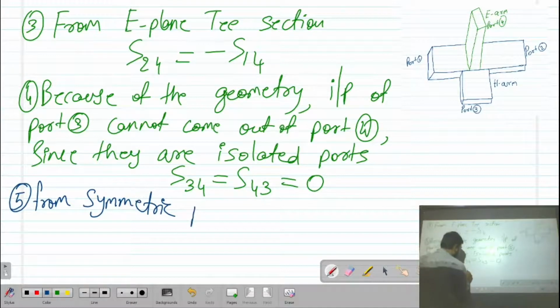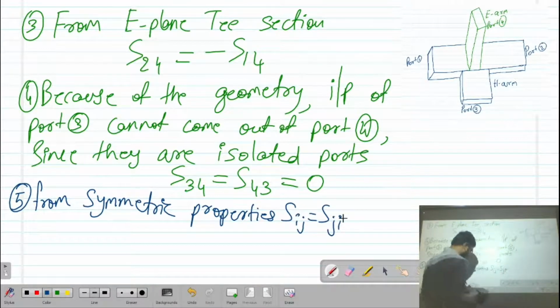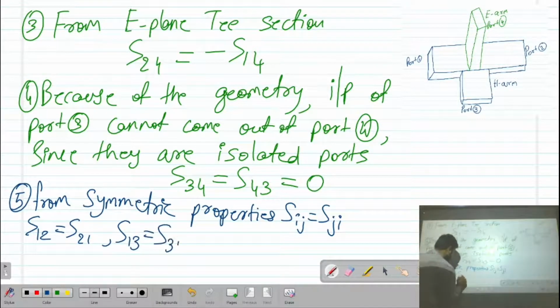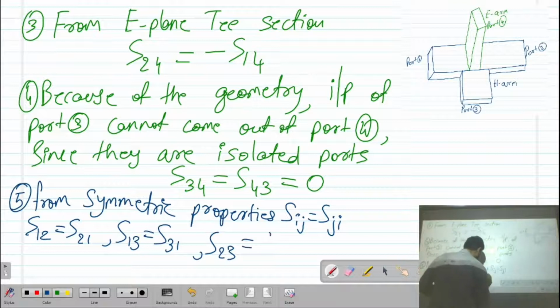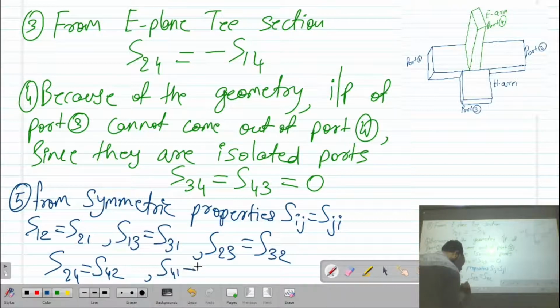From symmetric properties, that is Sij is equal to Sji, we will have S1 of 2 equal to S2 of 1, S1 of 3 equal to S3 of 1, S2 of 3 equal to S3 of 2, and S2 of 4 equal to S4 of 2, S4 of 1 equal to S1 of 4.